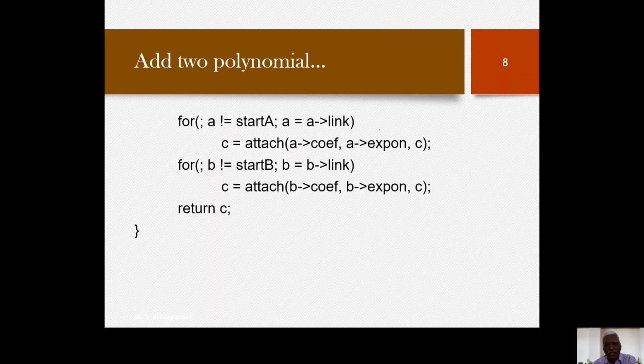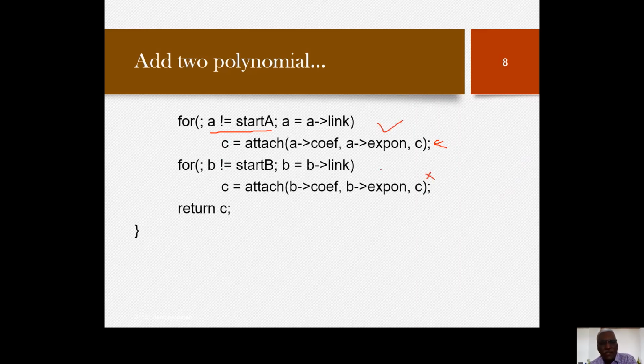See, in our case, we have only 3 nodes, right? So this condition will be false, so we will be adding only B. This statement will not be executed at all, and only this will be executed. All the remaining from B will be copied into C. And suppose B has fewer terms compared to A, then this will not be executed.